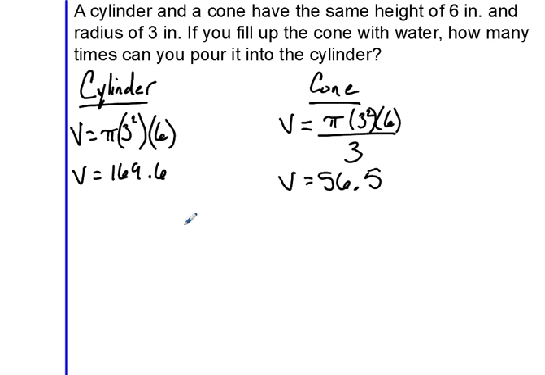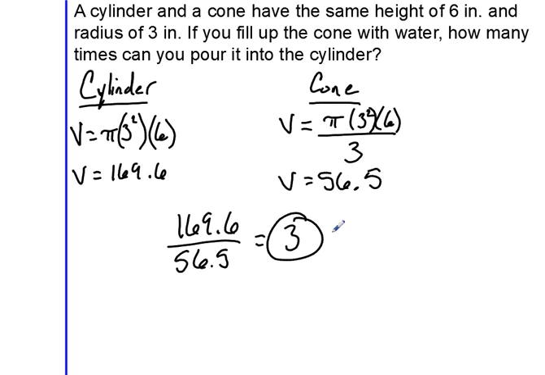So now we're going to take these two volumes and divide them. So how many times does 56.5 go into 169.6? And it goes in about 3 times. And if I hadn't approximated this, I think it would actually go in perfectly 3 times.